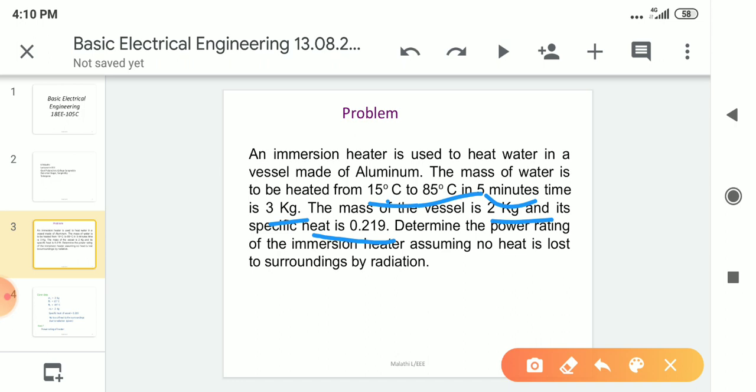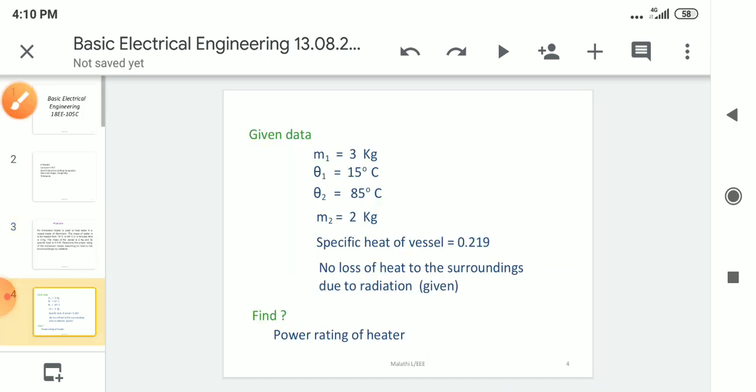After reading the question, what data have we observed? They have given the data as M1, mass of water, is 3 kg. The initial temperature is 15 degrees centigrade. After that, it increases to 85 degrees centigrade. M2 is equal to 2 kgs.